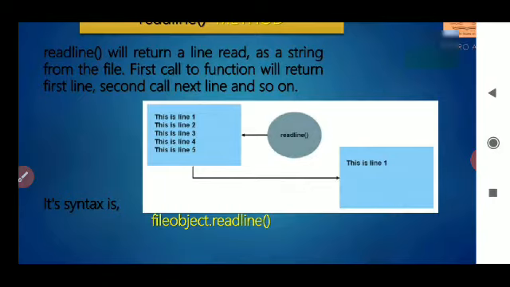Its syntax, that means format, is file object dot readline function. We have also discussed the file object: it is also known as a file variable, and this variable is used to connect with our text file.